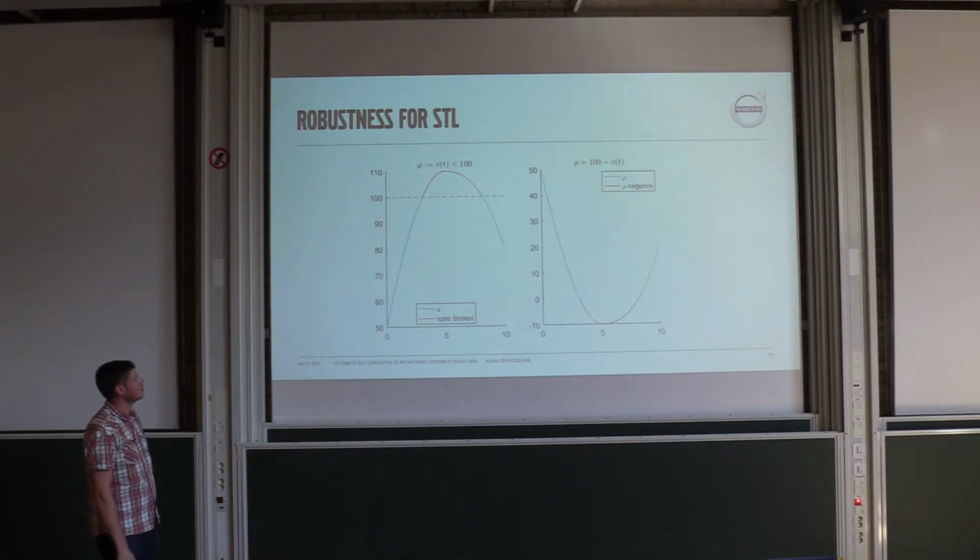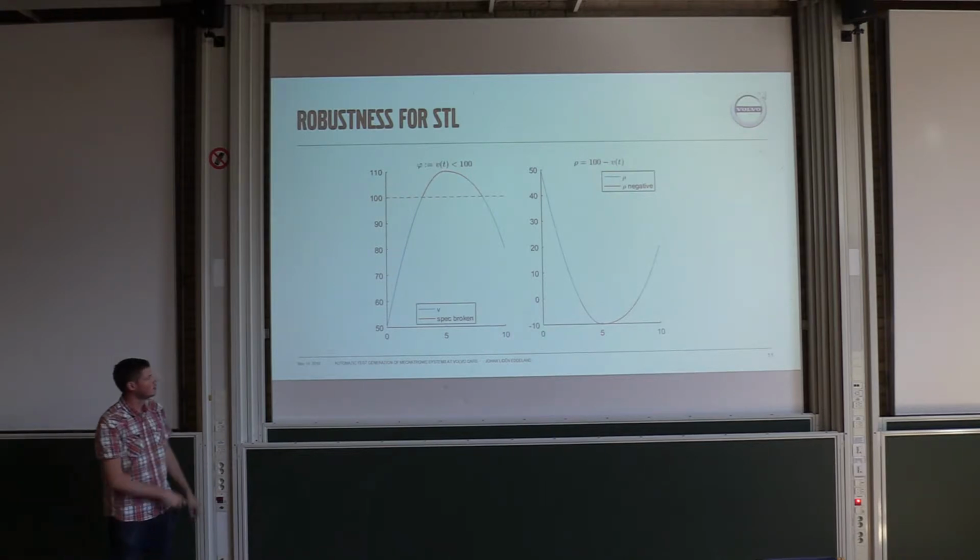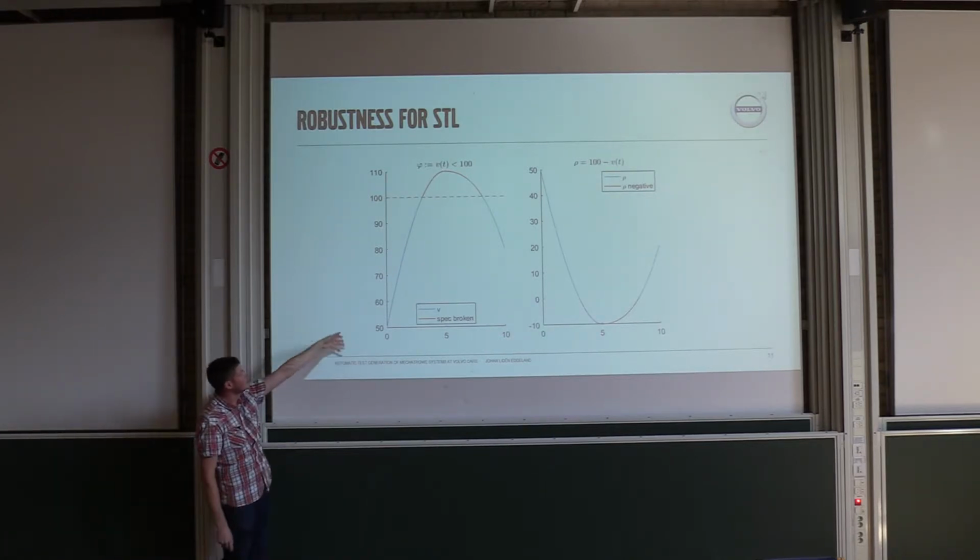So this is another example for this simple spec, where you have velocity less than 100. Imagine this velocity going from 50 and then up in some second degree curve and then back to 80.